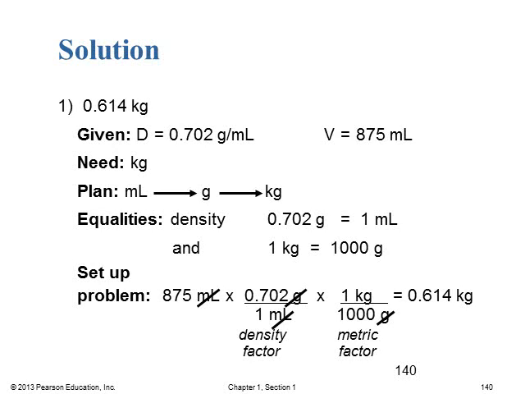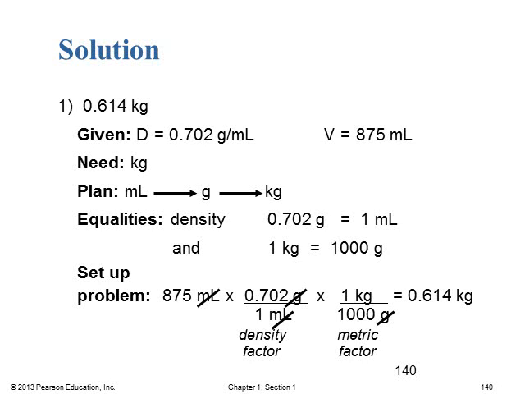We're given grams per milliliter, and we need to get to kilograms. So we need to go from milliliters to grams, and from grams to kilograms. We can use the density as a conversion factor, 0.702 grams is equal to 1 milliliter. And remember that 1 kilogram is equal to 1,000 grams. So here we have 875 milliliters times 0.702 grams per milliliter. Our milliliters nicely cancel out.